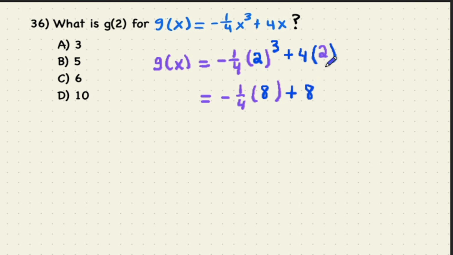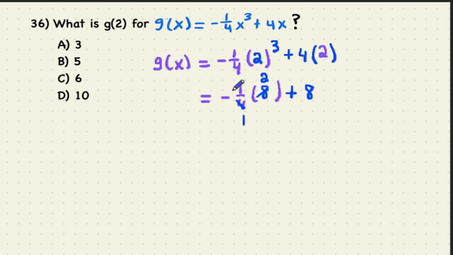So we can just go ahead and solve that. Now we have multiplication here. So remember that we need to multiply first before adding. So we have -1/4 times 8. We know that 4 goes into 4 once, 4 goes into 8 twice.